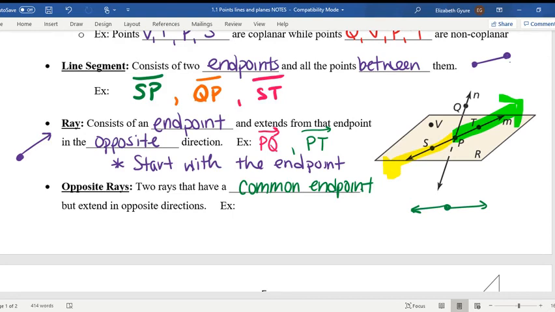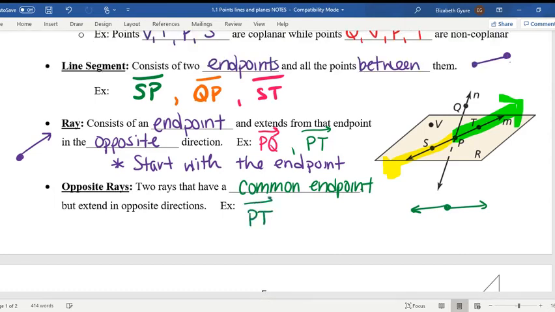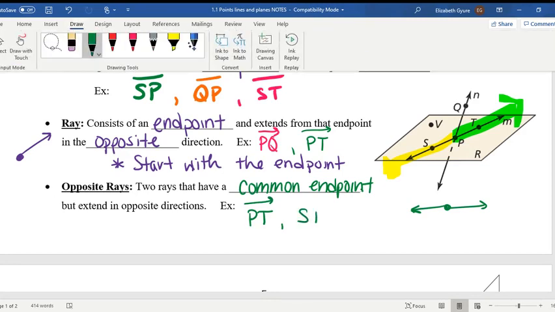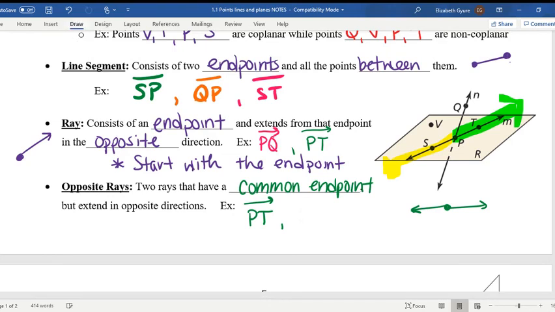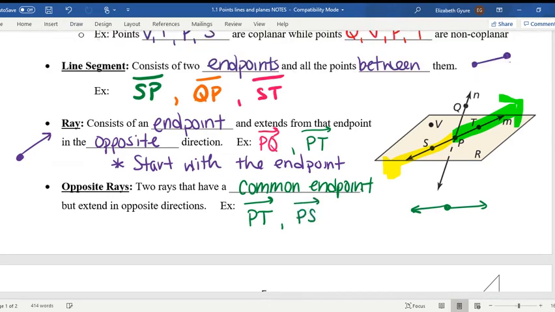So that's an example of opposite rays here. And when you name these, it's also very important you start with your endpoint. So ray PT and ray S, I'm sorry, I just did that the way I told you not to do it. Ray PT and ray PS would be opposite rays. They both start at P and head in opposite directions.